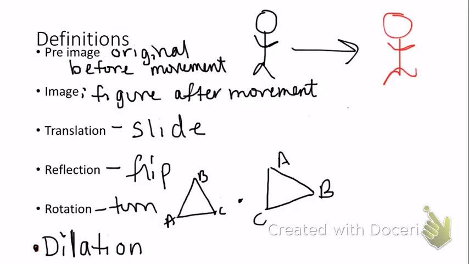Okay, so there's a turn, a rotation. So there I've turned it 90 degrees clockwise. And then these three, because the pre-image and the image are exactly the same, they're the same size and the same shape, it's what's called preserving distance. And these three are actually called isometries.